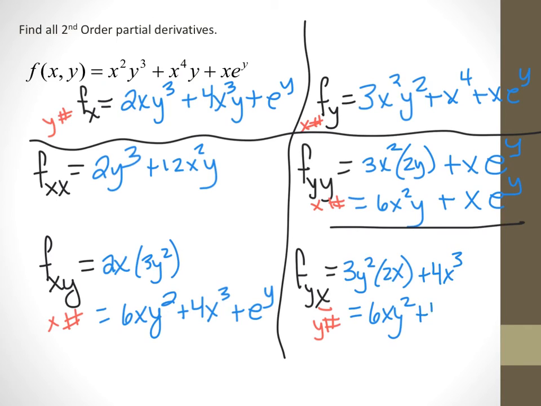Remember, this is our simplified down here. And then this last term, with respect to x, you have a number times x. So a number times x, its derivative is just that number. So you get plus e to the y. That is your final second order derivative here, f sub yx.